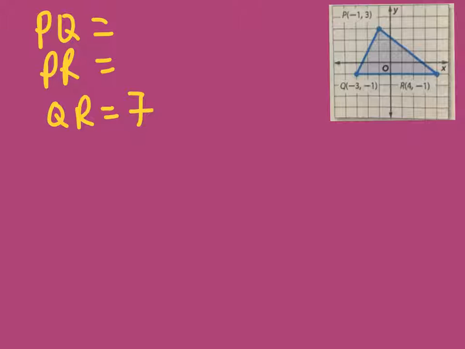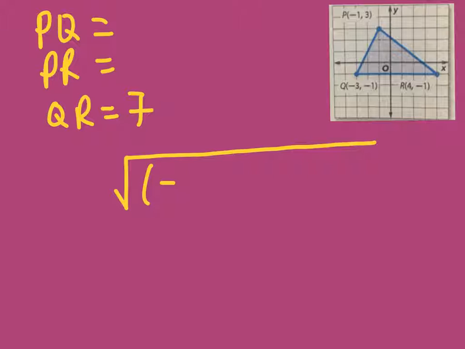Now the second part is where it becomes a little bit more interesting. Let's find PQ first. So we're going to be looking from P to Q, and we have to use our distance formula to find out how far it is between those 2 points. So remember, it's going to be the square root, and then we have x2 minus x1.